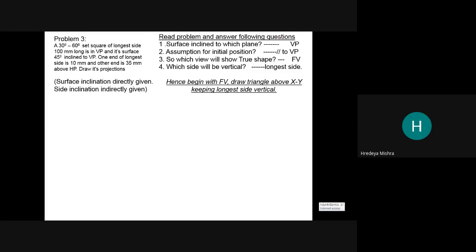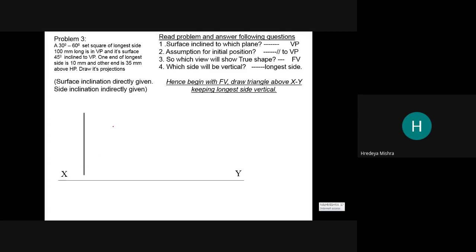Which side will be vertical? The longest side is vertical. Now begin the XY line, the longest side is vertical here.